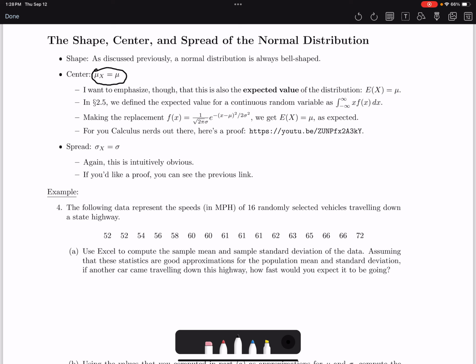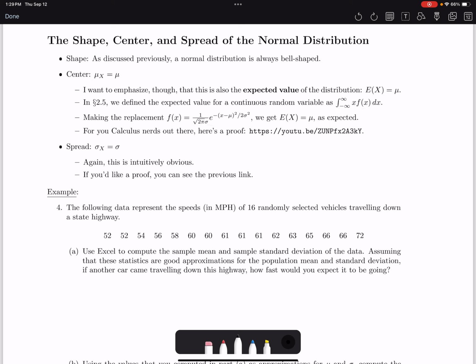This is very clear that this should be the case intuitively, but if you want a proof of it, you can watch this video right here. What you would have to do to prove it is perform this calculation where you replace f of x with this probability density function. And if you do that, then you do indeed end up with E of x equals mu.